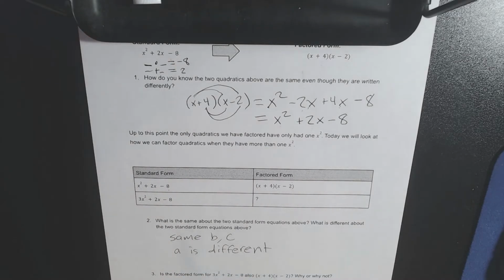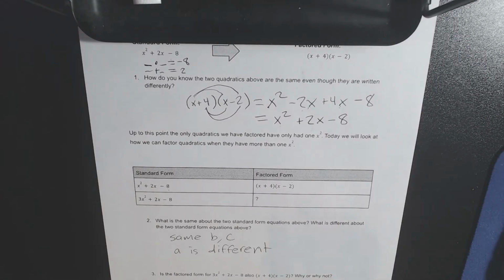But if we use that same process on the 3x squared plus 2x minus 8, if we look for numbers that multiply to -8 and add to 2, well, that's going to give us the same factored form that we had before.